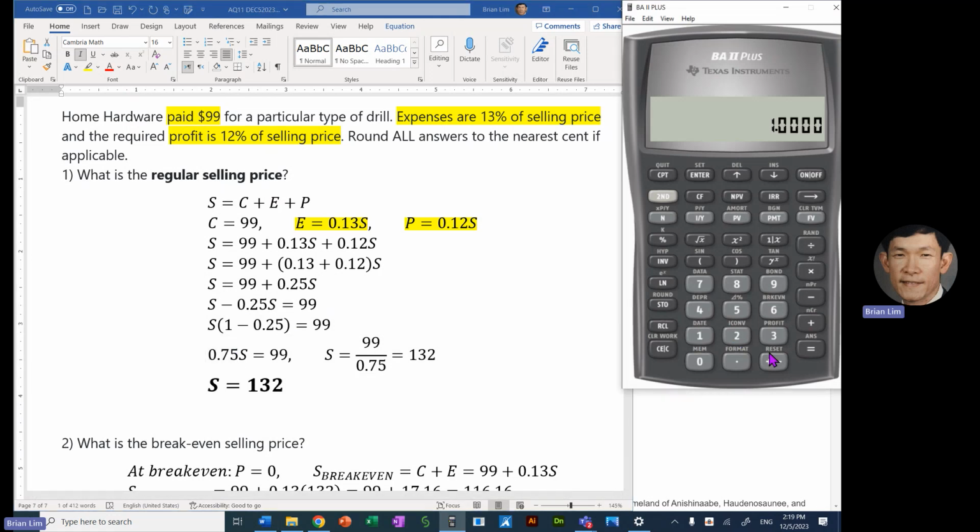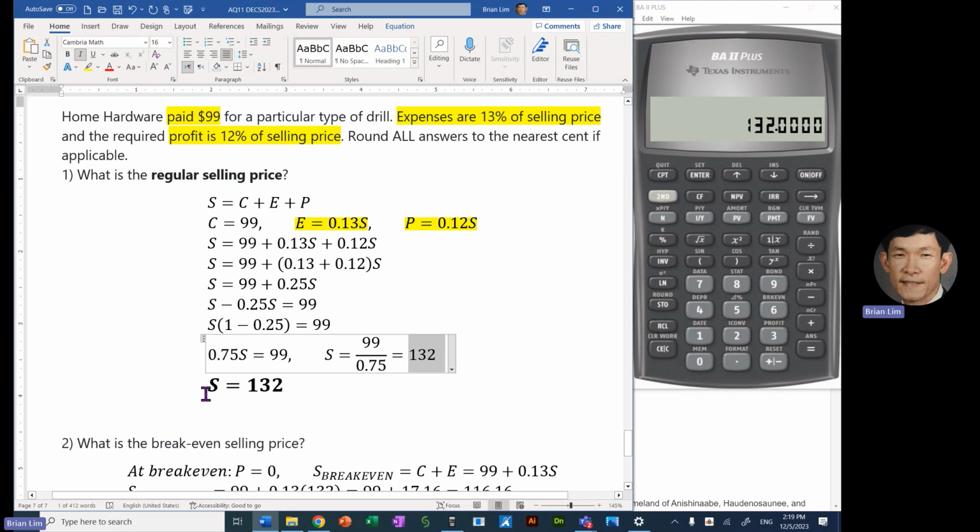So S is equal to 99 divided by 0.75. We are dividing, so we can invoke the 1 over X button and multiply by 99, and we get the answer, $132. So that is the regular selling price.